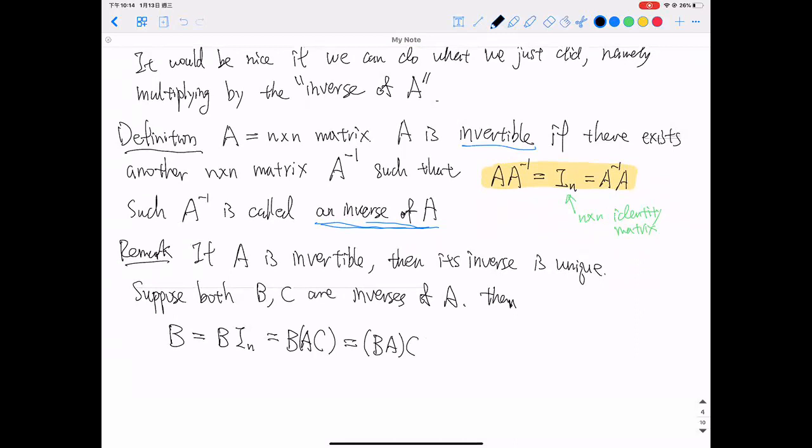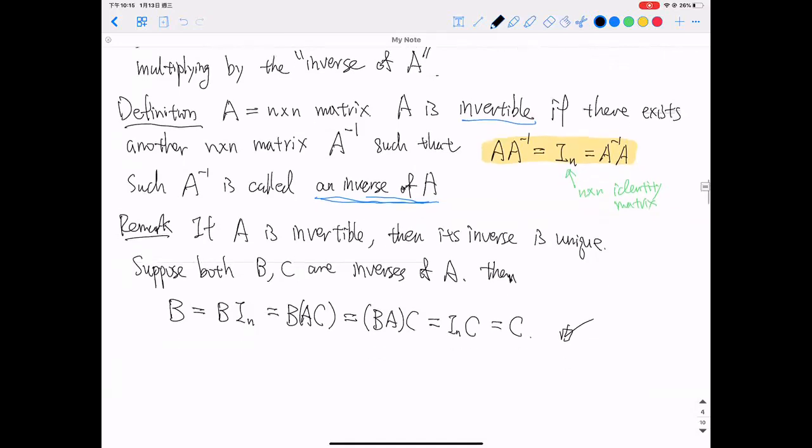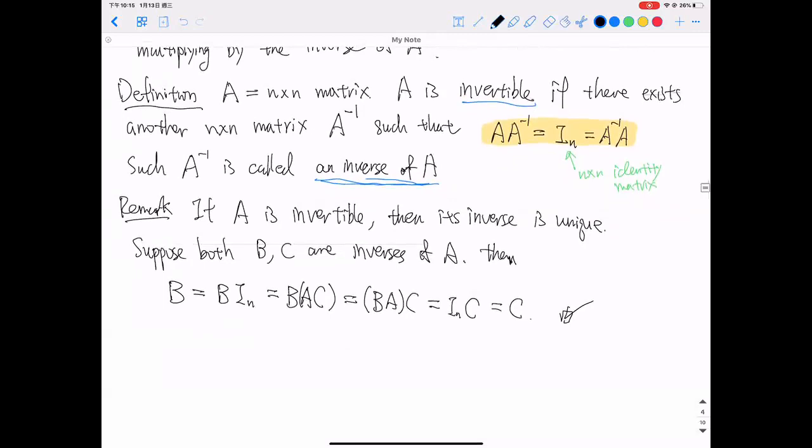So B times AC is BA times C. Now because B is also an inverse of A, BA is identity. Now identity times C is C. So that's it. This shows that two inverses of A must actually be the same.